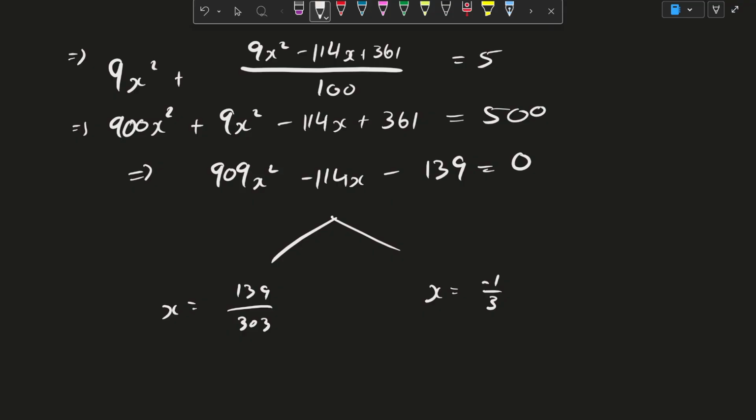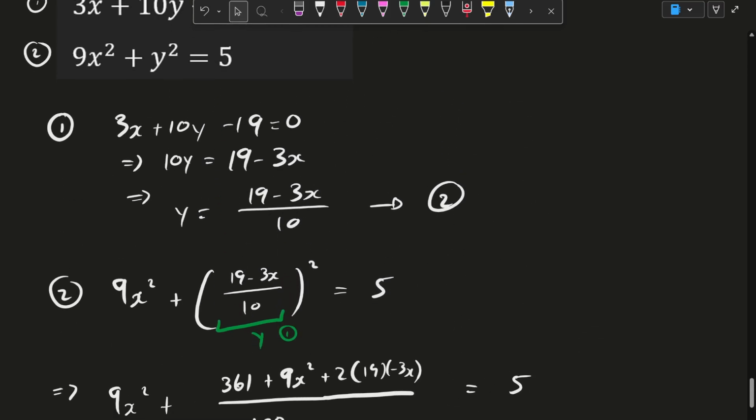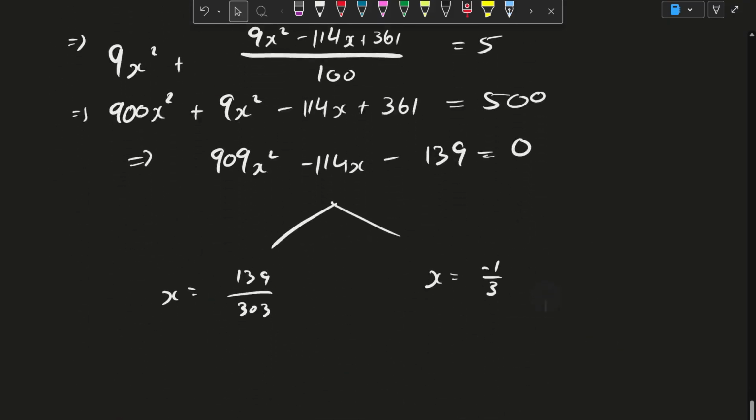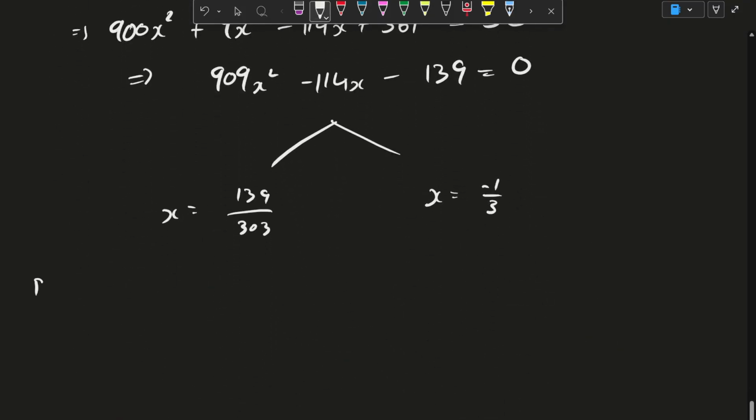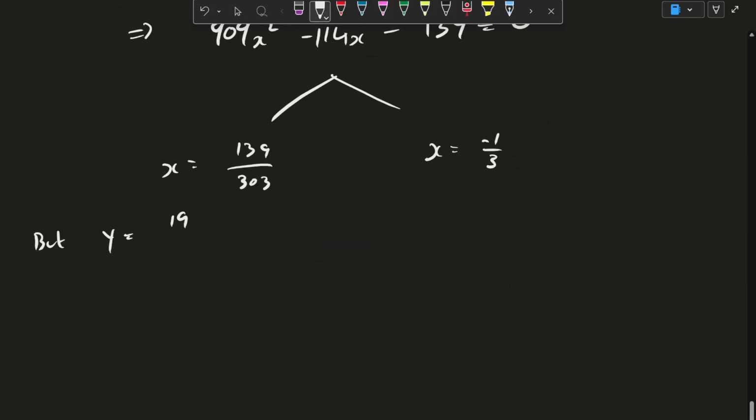So then we need to find the corresponding y-coordinate. Now, clearly the nice one's just going to be using the one from equation 1. So we could say y is equal to (19 minus 3x) over 10. So again, if I label them x1 and x2, then y1 is, well, it's just subbing that in.